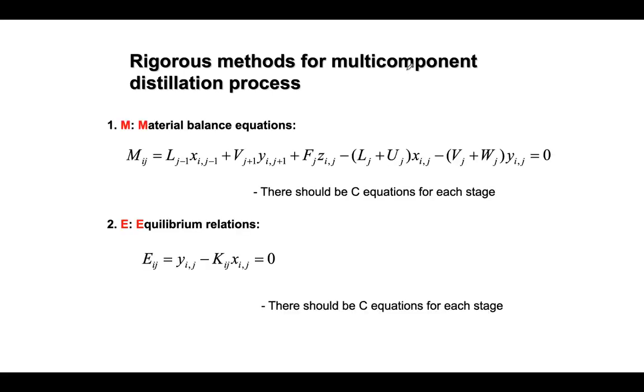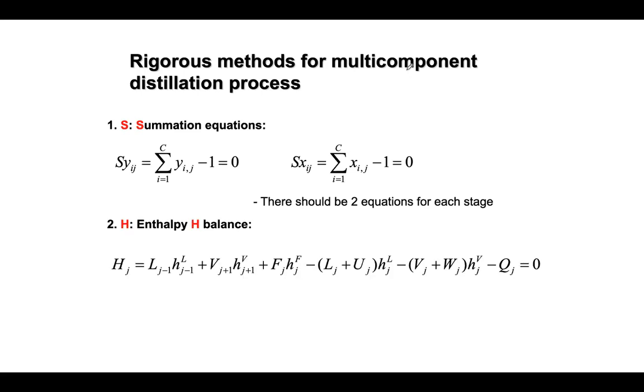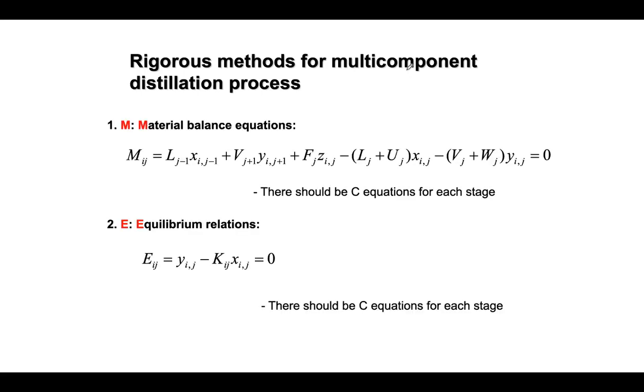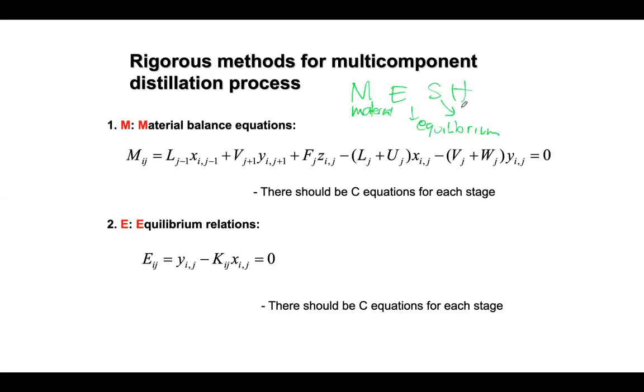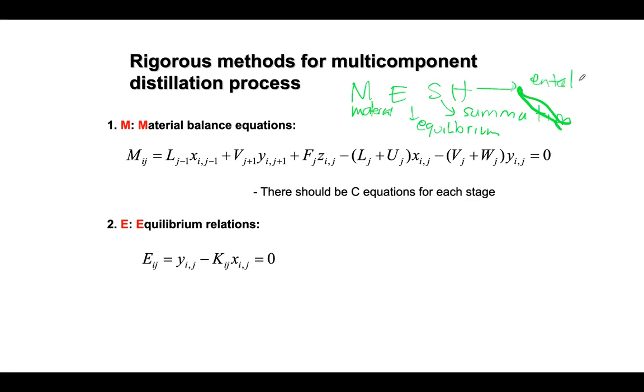Okay, so then they come up with the MESH equations. MESH stands for mass balance, material, equilibrium. This one is summation. And the H is for enthalpy for each stage.